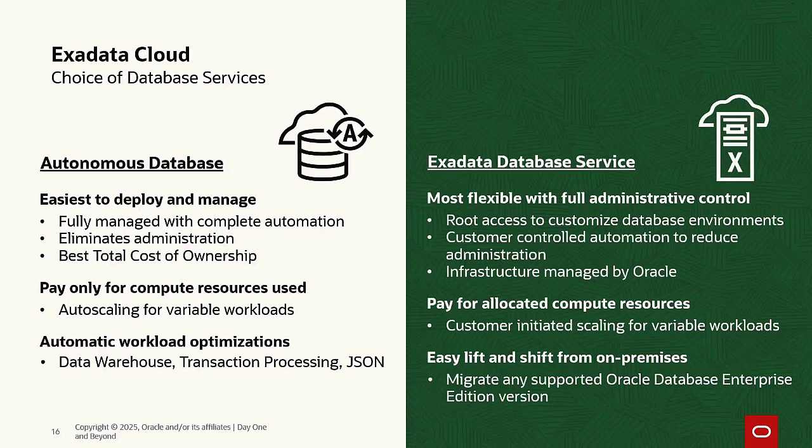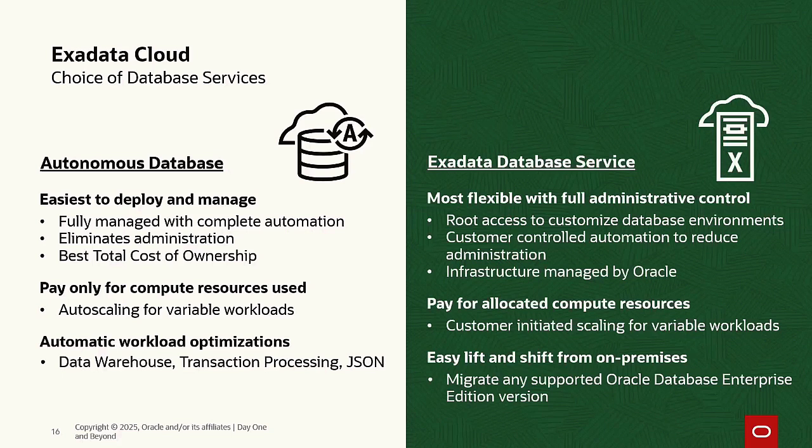With autonomous database, customers pay only for the compute resources used. Auto scaling can be used for various workloads to automatically scale the compute resources up and down depending on the workload demands. And it has automatic optimizations for data warehousing, transaction processing, and also JSON workloads.